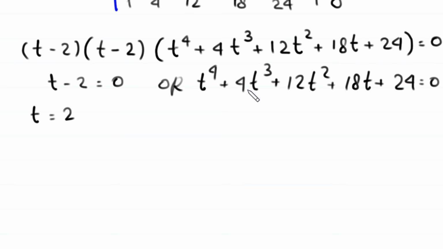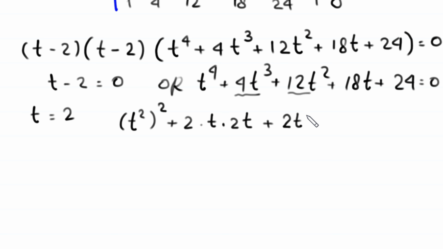So we make here a perfect square. This t to the power 4 can be written as t squared whole squared, and we can rewrite this 4t cubed as plus 2 times t squared times 2t. To complete the square we write this 12t squared as plus 2t whole squared, which means that this is 4t squared.